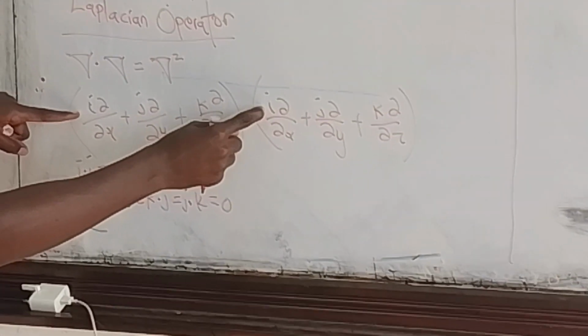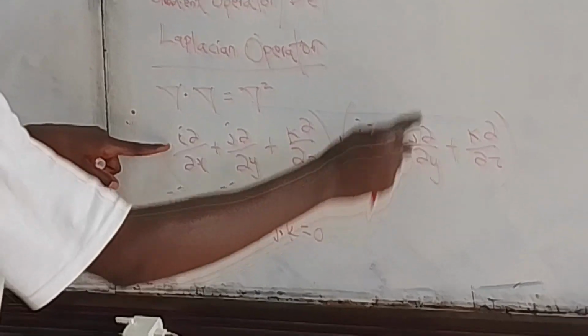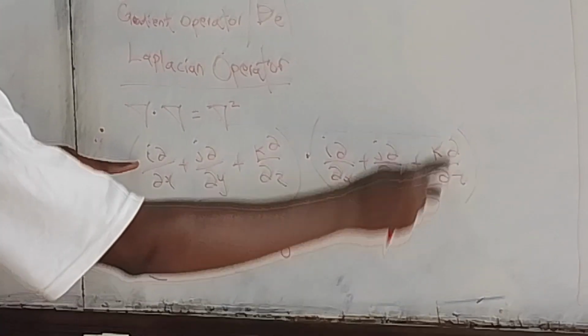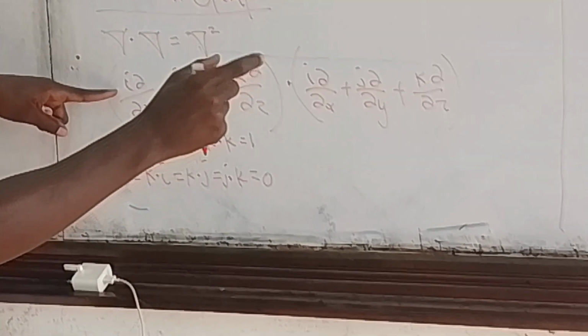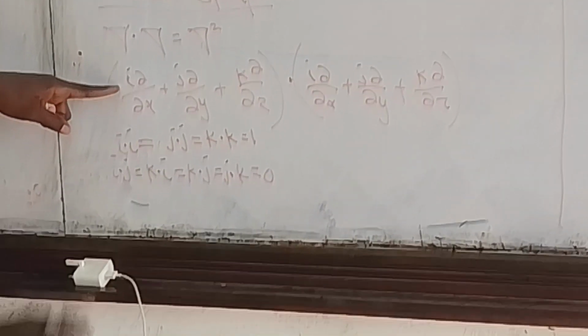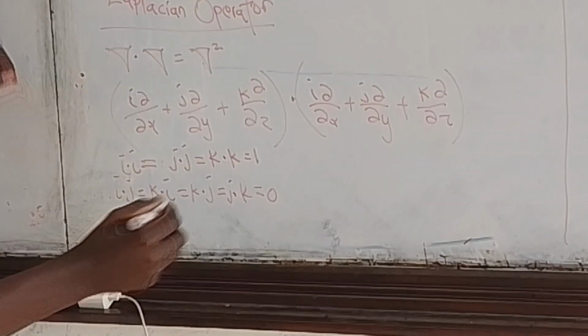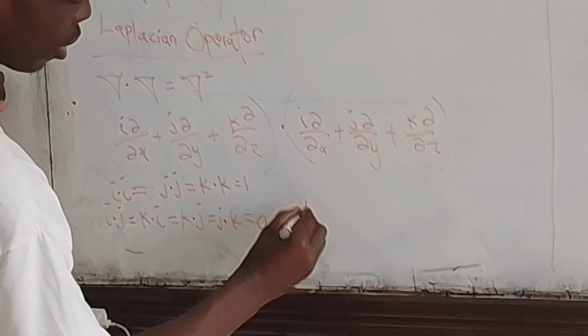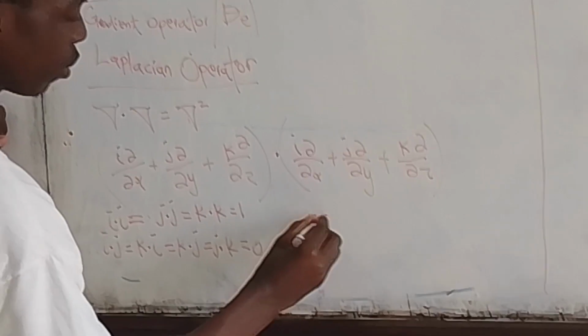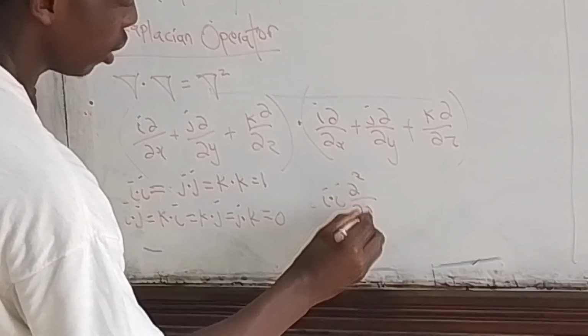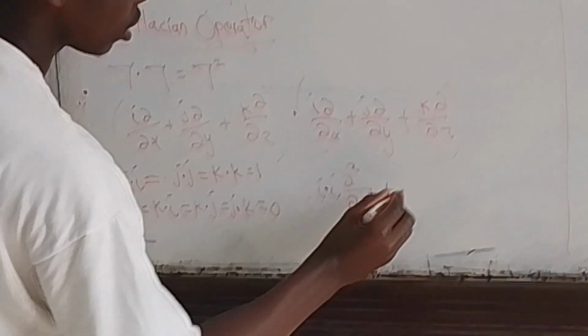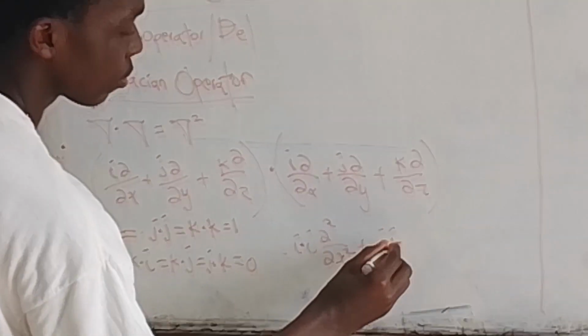So in this function, we are going to get i dot i into d over dx, d over dx, plus j dot j into d over dy, d over dy, plus k dot k into d over dz, d over dz.